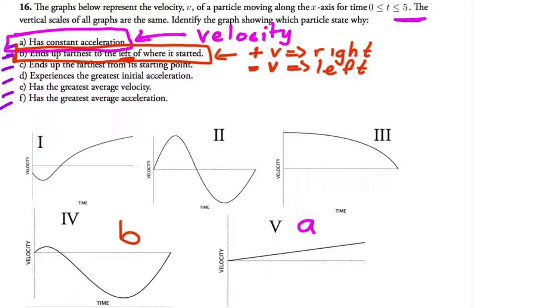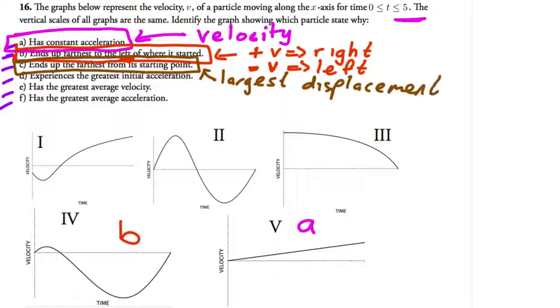Okay, now the next one: which one ends up farthest from its starting point? So it doesn't matter if it's left or right. Farthest from the starting point means the largest displacement.